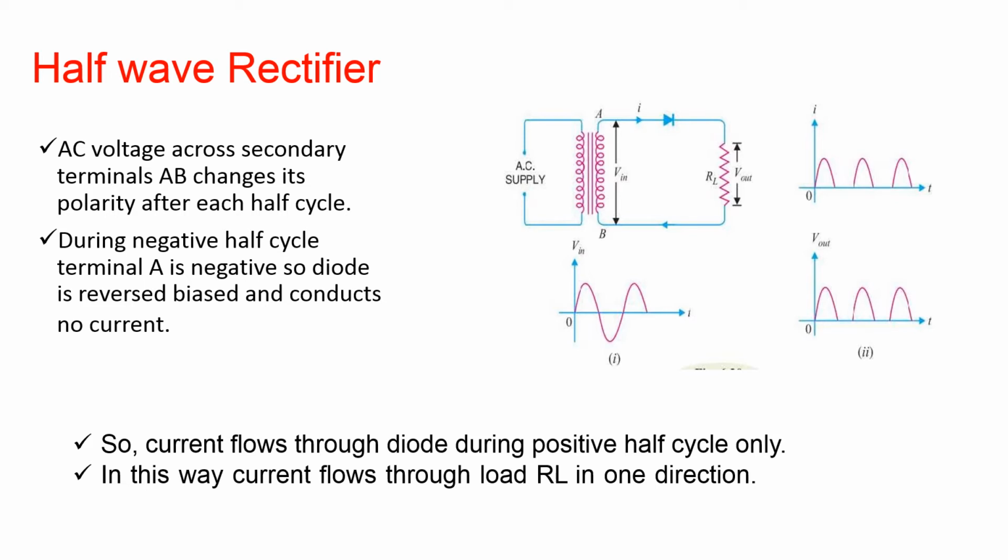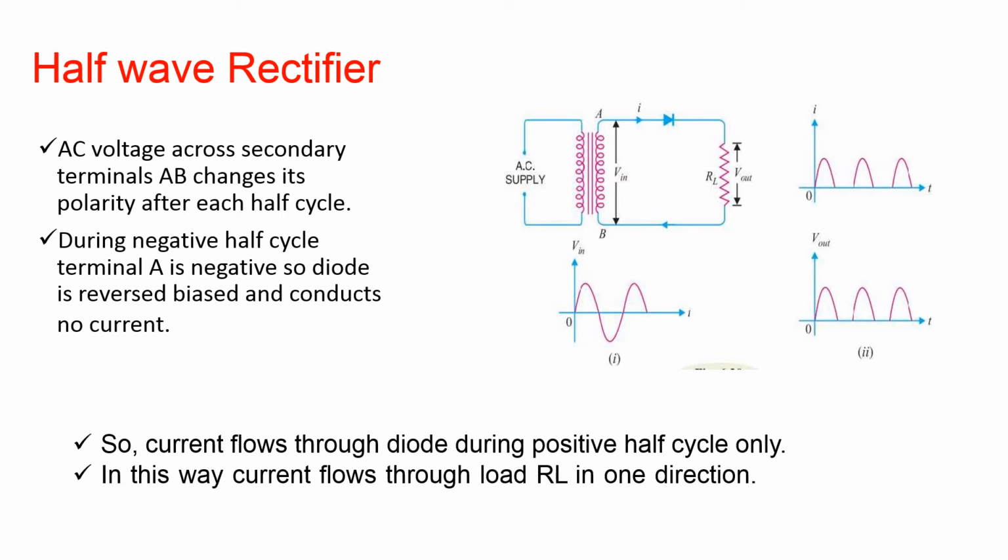See here, during the positive half cycle, terminal A becomes positive, and here it's the P section. So positive and positive will make the diode forward biased and you are going to get an output.